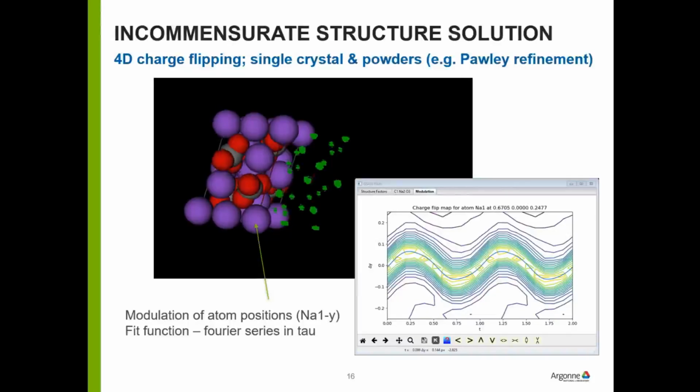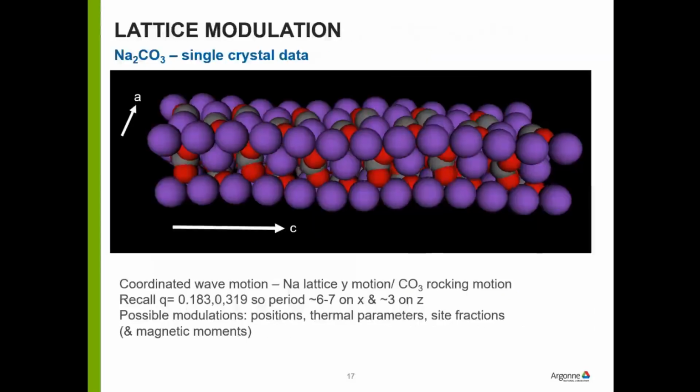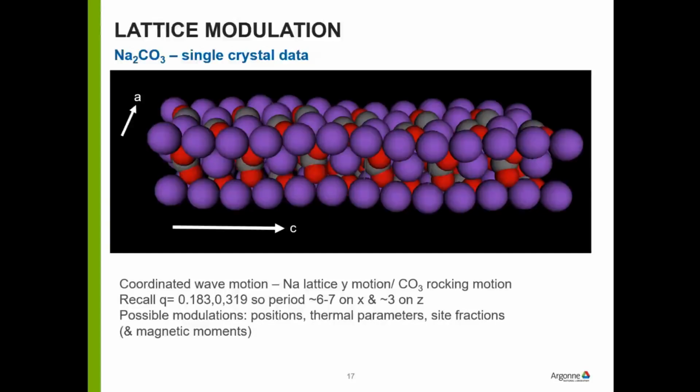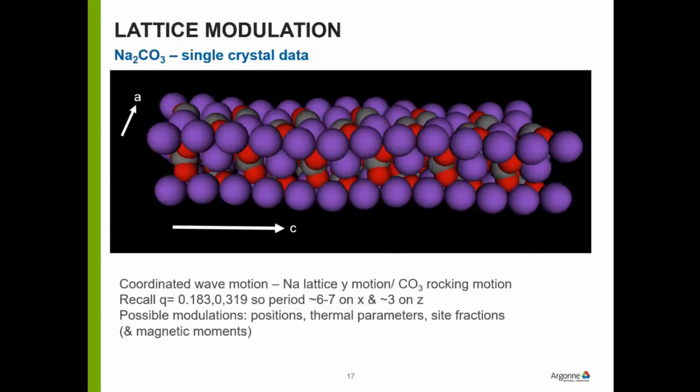And if you do a slice through this as a function of y through one of the sodium positions, and this way in that 4th tau dimension, you can see the oscillation in the sodium position along y. That's basically a 4-dimensional Fourier map.